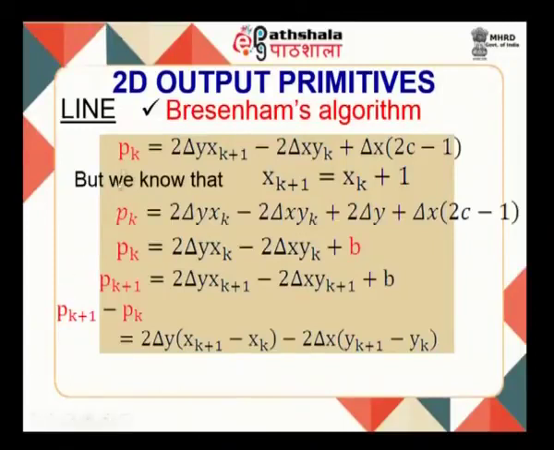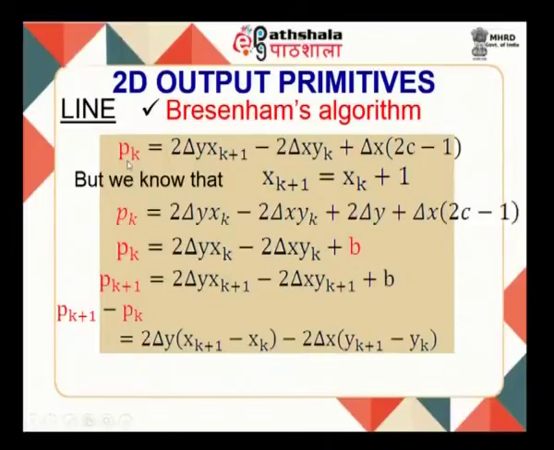Here the left part of the equation has been replaced with p k, which is nothing but delta x into d lower minus d upper. The right side is left as it is. Because we are sampling the line along the x axis at unit intervals, x k plus 1 is equal to x k plus 1, but y is to be decided, whether it is y k plus 1 or y k, depending on the sign of p k.